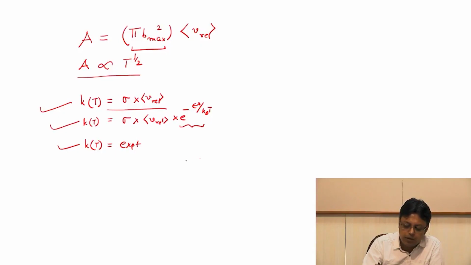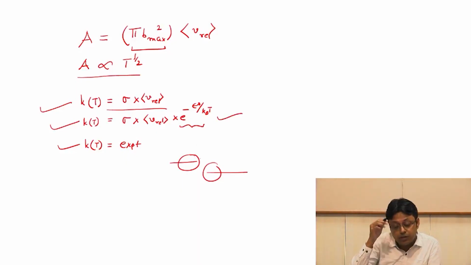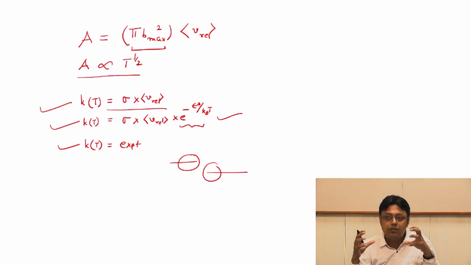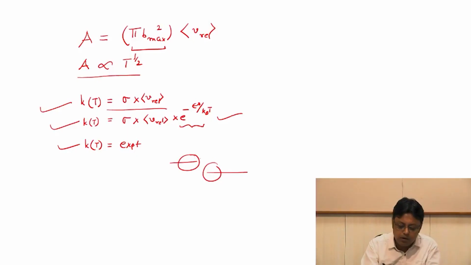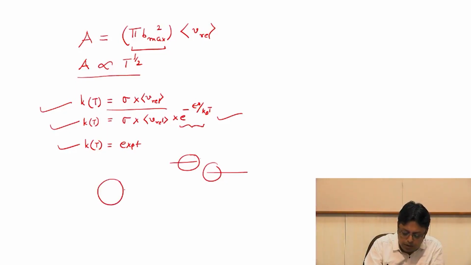What do you mean by that? Suppose a collision is happening with some particular energy, and we know from this expression that this will be a reactive collision. However, these molecules are not hard spheres. They also have a particular structure, and particular atoms should come closer together. Suppose I have some group here and I have some group here. If I have a head-on collision, these two will react together to give me a reaction.